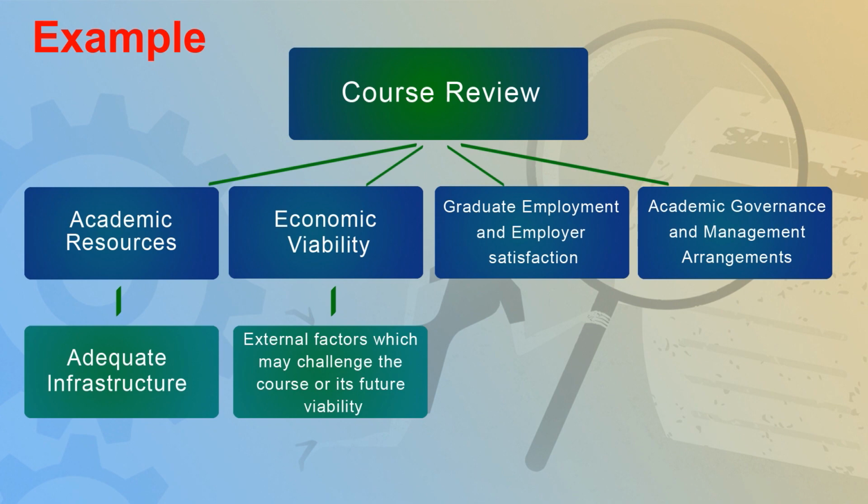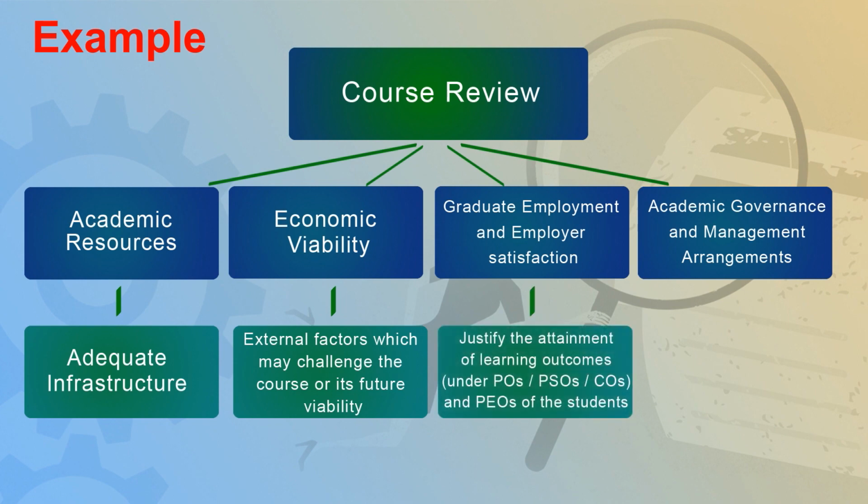Then considering the component graduate employment and employer satisfaction, data must be sufficient enough to create evidences to justify the attainment of learning outcomes, that is POs, PSOs, COs and PEOs of the students.